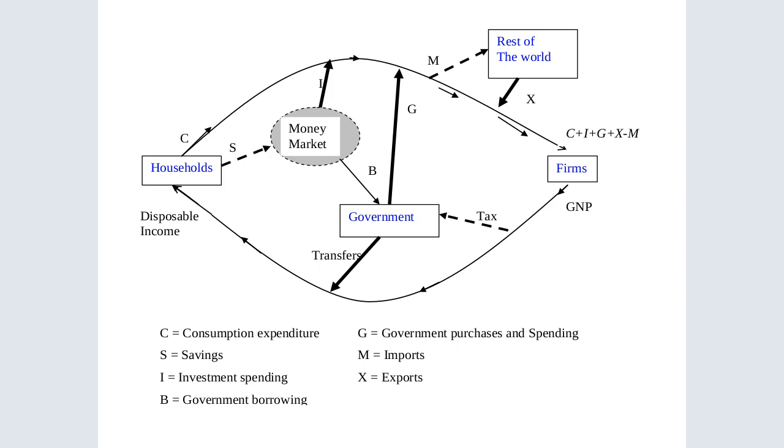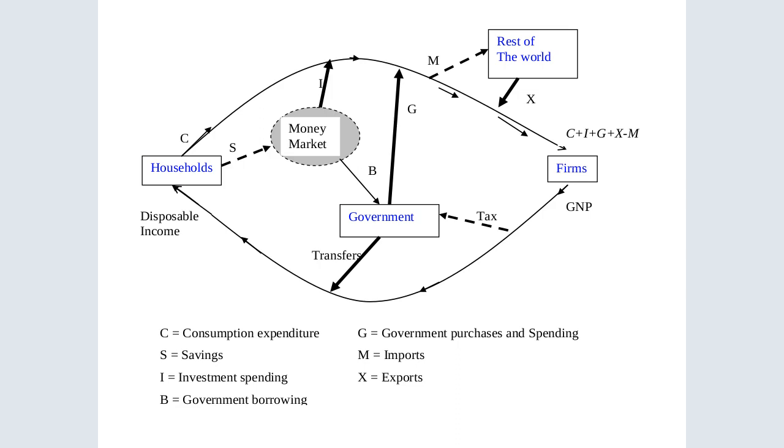So those are resources that are taken away from the circular flow of income. We also have exports. The exports are resources that are brought into the country. When you export your goods outside the country, you are paid money. And that money joins the circular flow of income.